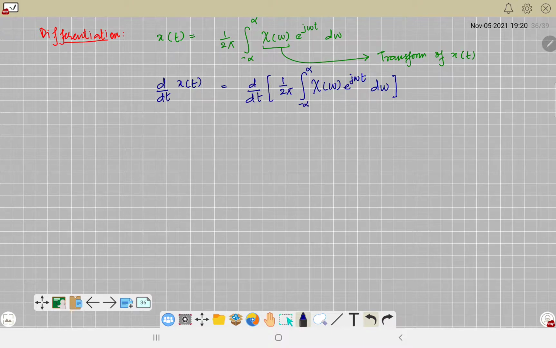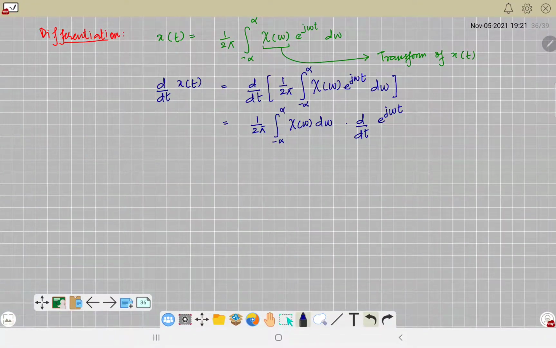But the derivative is with respect to time, that's t. So we'll take all the other terms out. So 1 by 2 pi integral from minus infinity to plus infinity x of omega d omega will be outside, and we'll take the derivative for the factor which involves the time t, which is this e raised power j omega t.